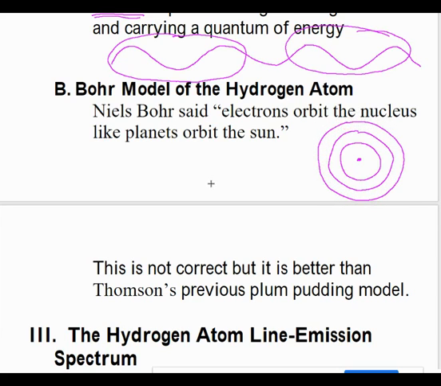So the one lonely electron in hydrogen can go in between these energy levels. If you add energy to that electron, it's going to jump up to a higher energy level. So it went from energy level 1 to energy level 3 there. And then what goes up must come down. So that excited electron is going to fall back down to what we call the ground state. That's its lowest possible energy that it can fall down to.